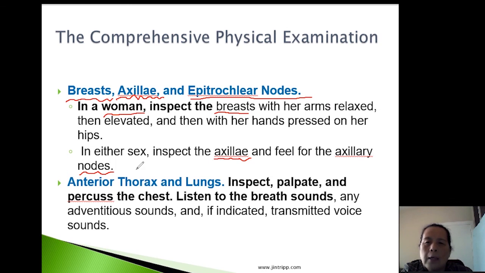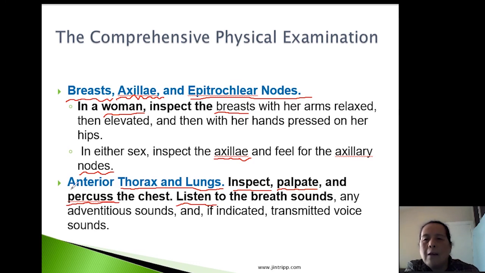And then we're still checking the chest and the lung. Inspection, looking: both sides should be pretty similar in shape and size. And the palpation, and the percussion, and auscultation, which means listening through the scope.